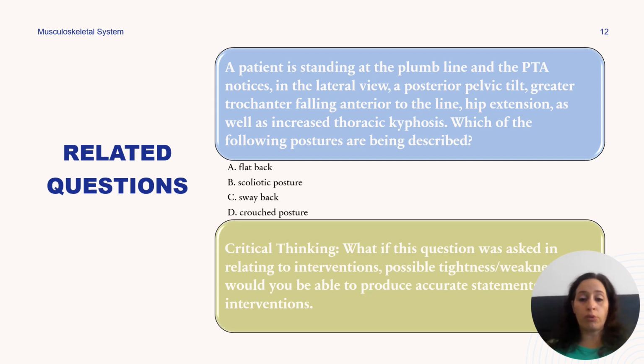And then again, always start with what can I eliminate? What can I get rid of? I would get rid of scoliotic, right? Because first of all, you typically don't really see scoliosis from the lateral view, which is what they're looking at the patient in. You have to look from the back, right? So you can see, maybe leaning this way or leaning that way to really get a good look at it.